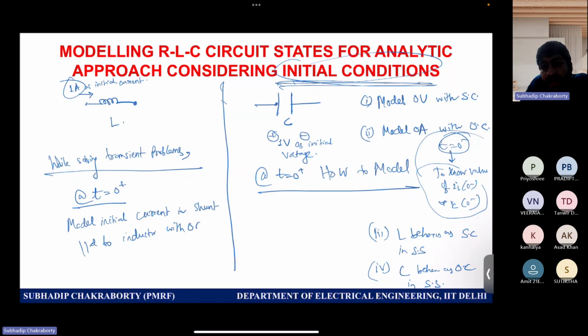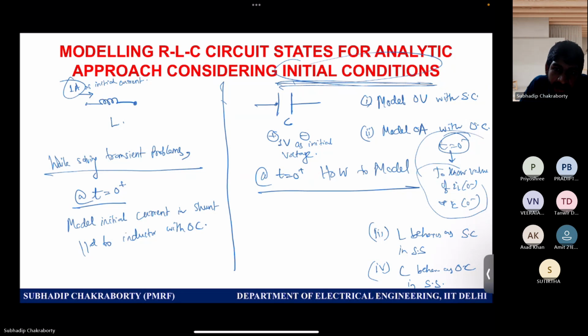Why open circuit at t equal to 0 plus? Because the inductor does not allow sudden change in current. So if IL(0 minus) was 0, IL(0 plus) would have been 0. But IL(0 minus) is now 1 ampere. So IL(0 plus) is what?